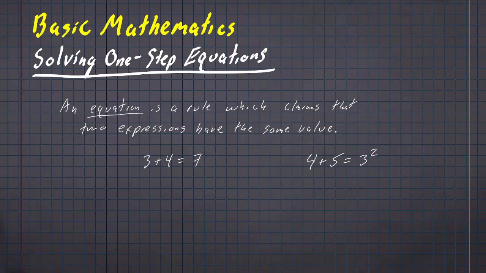4 plus 5 equals 3 squared. It's true. 4 plus 5 equals 9. 3 squared equals 9. There's no reason that that happens to be true. I just coincidentally found some numbers where when you perform this operation on these numbers or that operation on those numbers, you get the same thing.